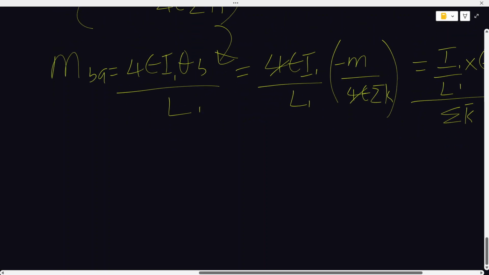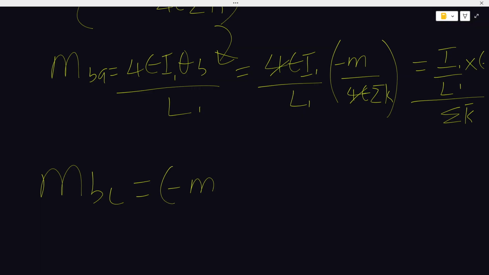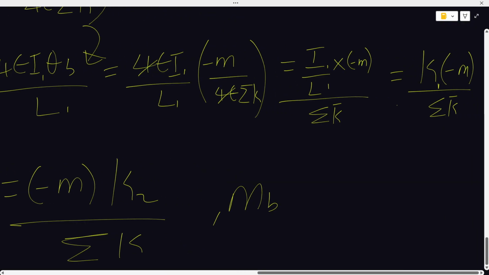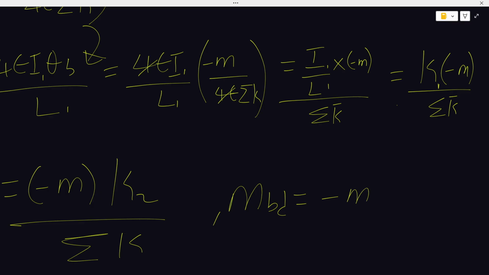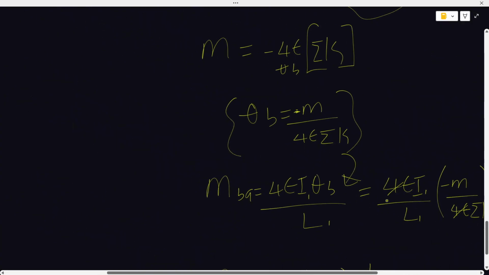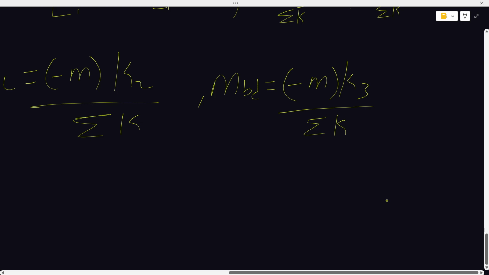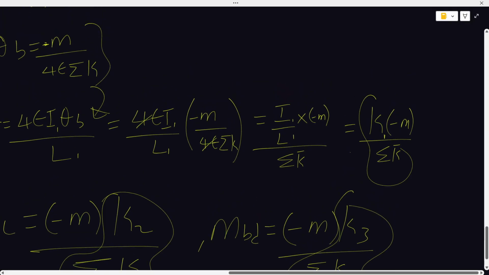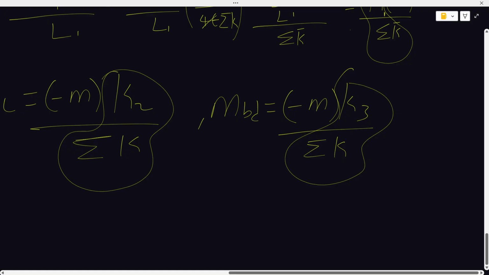Doing the same procedure for MBC, we'll be having minus M K2 over summation of K. Doing the same thing for MBG, we'll be having minus M K3 over summation of K. So you will notice something, that we're always having K over summation of K. What does that K over summation of K mean?